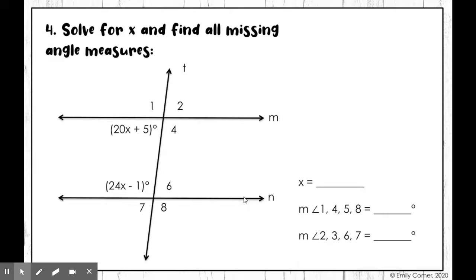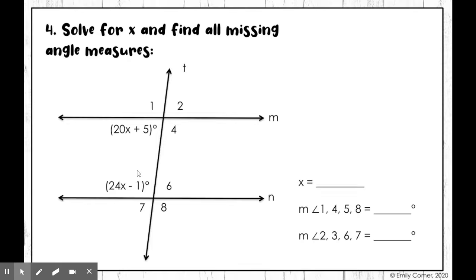Okay, one more. Looking at the relationship between these two angles right here, they are on the same side of the transversal, and they are inside the set of parallel lines.